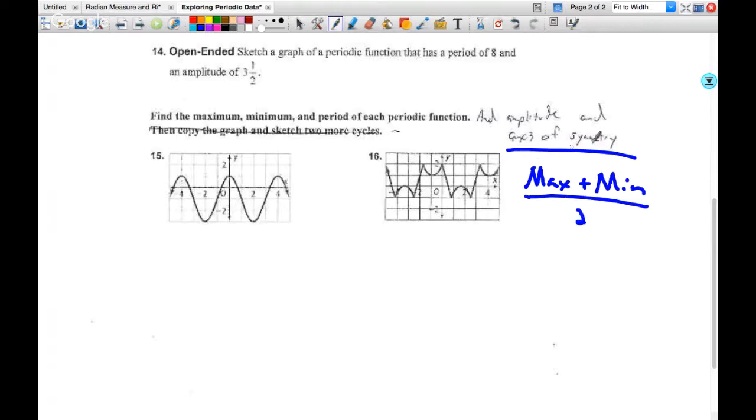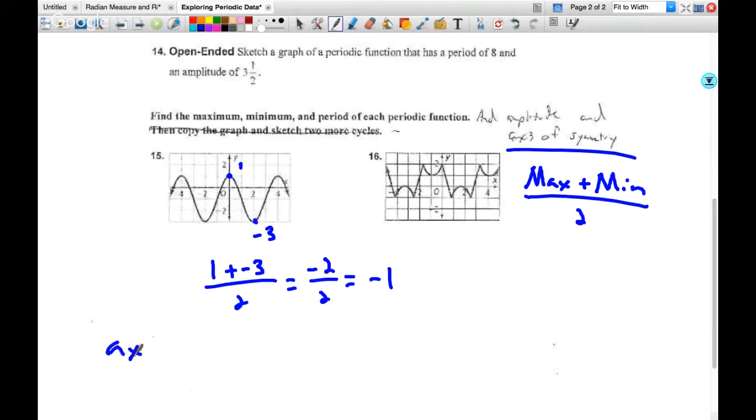So that way we are averaging the max and the min to find out where that axis of symmetry is. The maximum of this one is 1, the minimum is -3. So 1 plus a -3 divided by 2 equals, that's -2 over 2, which equals -1.